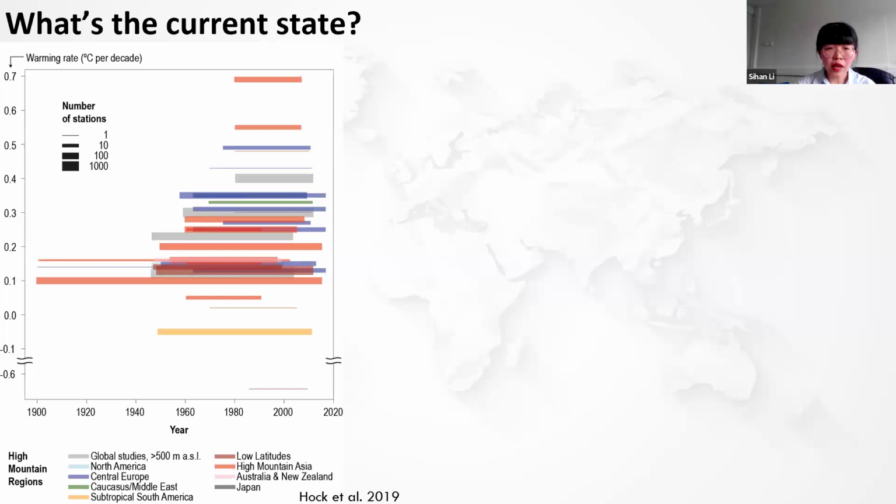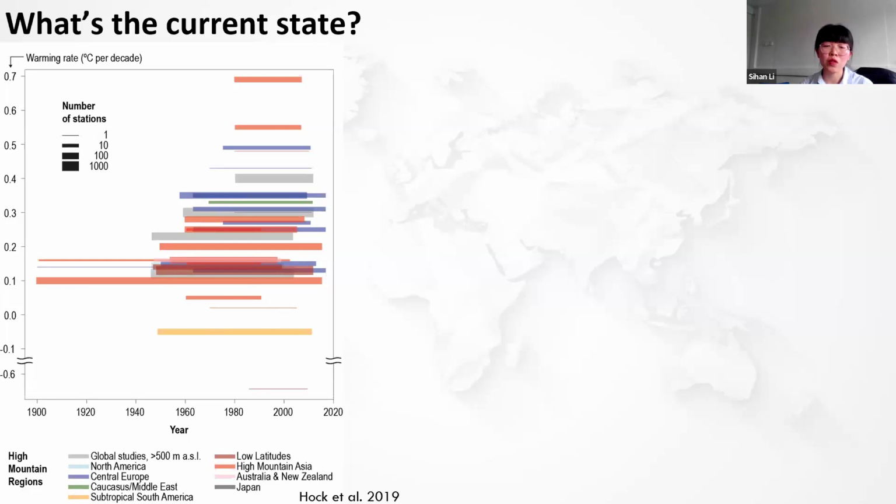But if I can point your attention to these salmon pinkish lines that represent high mountain Asia, the different regions are presenting different rates of change. So there is a lot of spatial heterogeneity in terms of rate of change and spatial patterns.